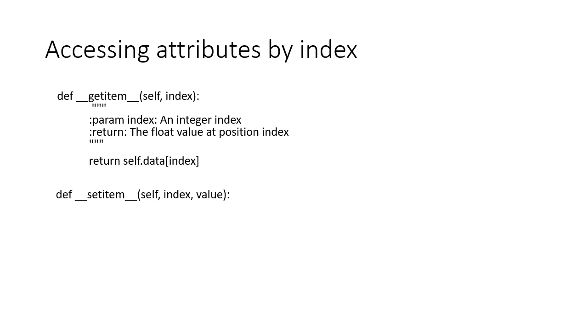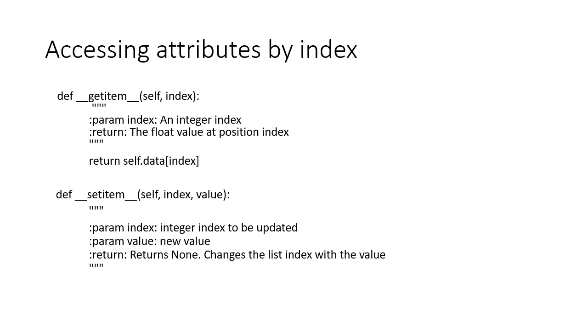So getting items is good, but being able to change those values is also useful, and this is __setitem__. With __setitem__, what would you have to do? You would have to give an index and then a value. Again, we have the index that we need to update, and the new value that we want to put in, which should be an int or a float. We want to update self.data by putting in the correct value.